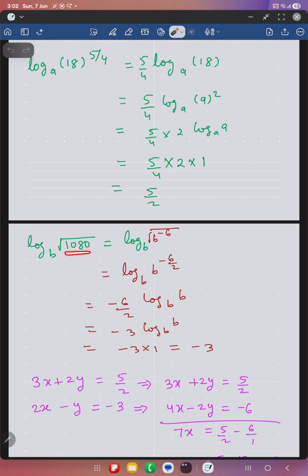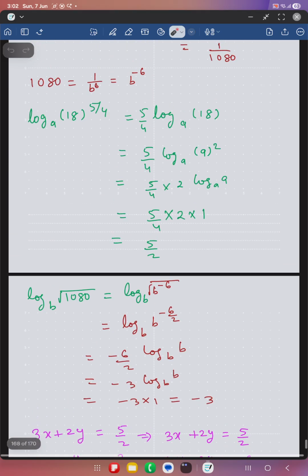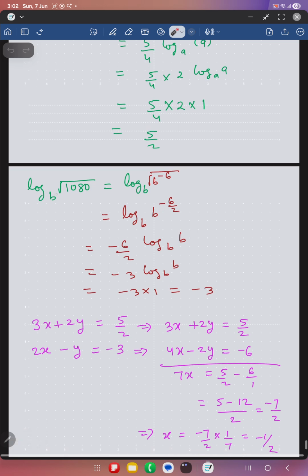Now 1080 we just calculated as b power minus 6, so we will utilize that: log with base b of b power minus 6 square root. So the square root will be written as minus 6 upon 2, that is minus 3. So minus 3 log b of b, which again is 1, so it is just minus 3.